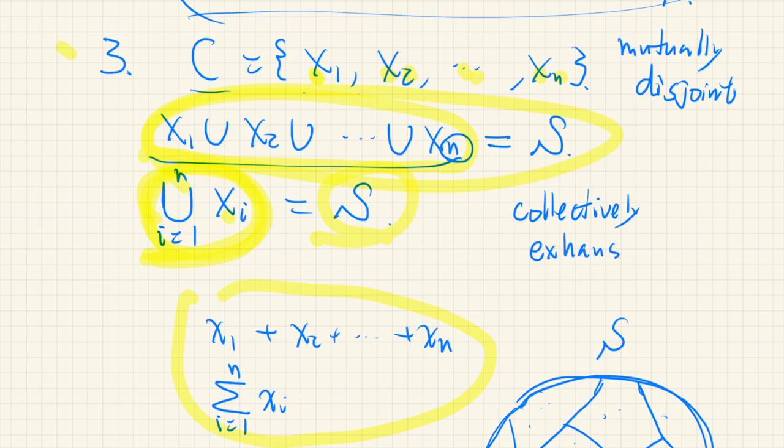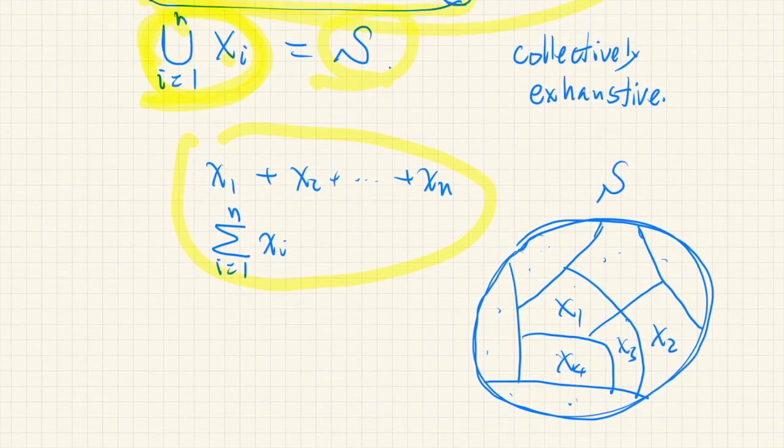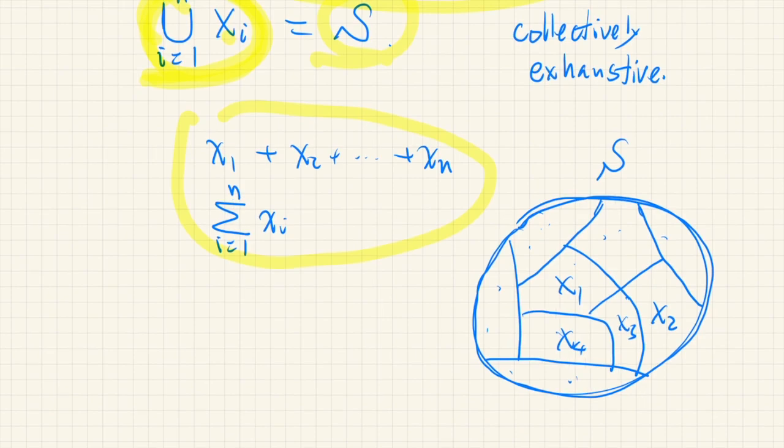In a sense, we are classifying the elements of S. So one class, another class, yet another class, and so on. They do not overlap. So each element of S belongs to a distinct class of subsets of a partition.